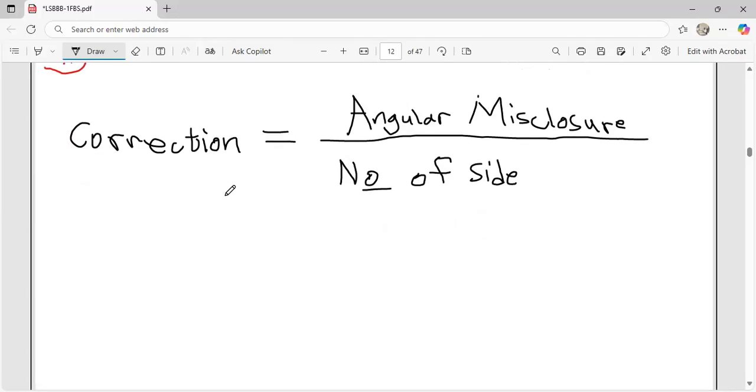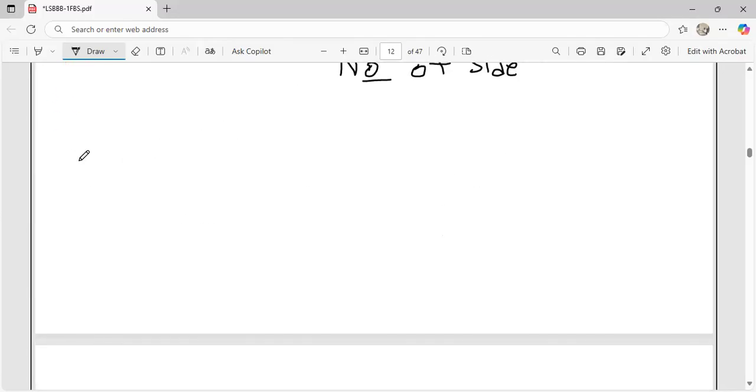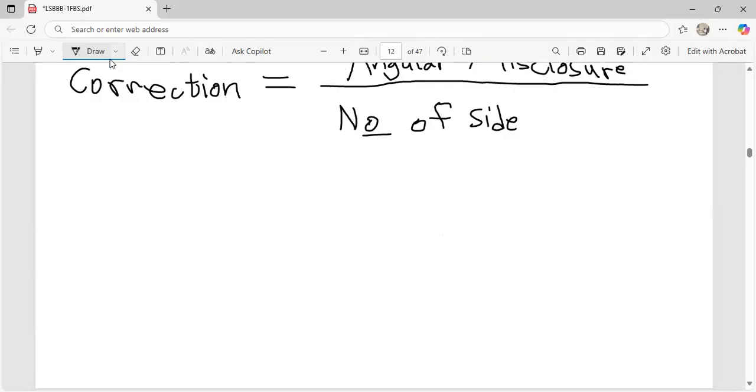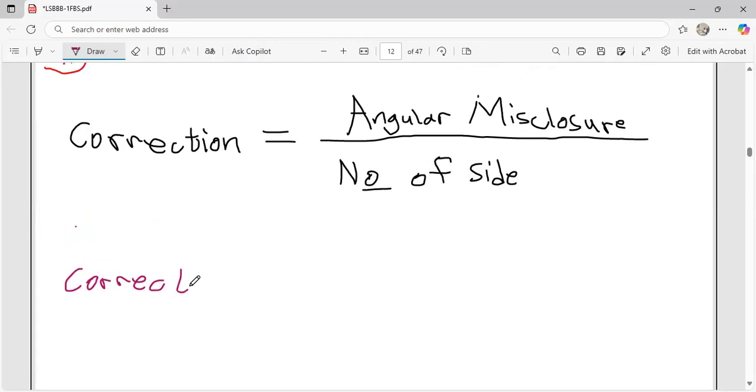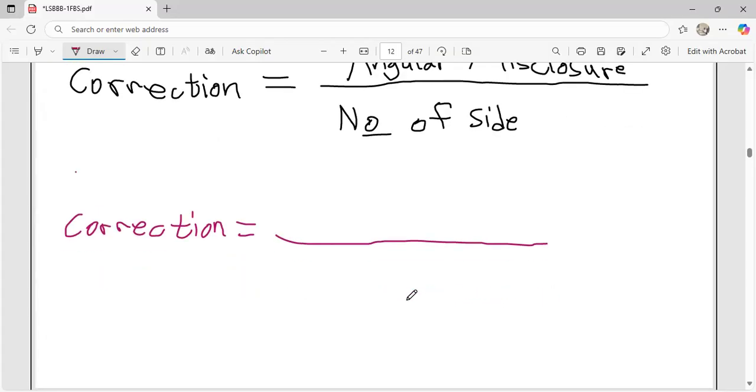So from there, what does that imply? We just have to substitute. It's just a matter of substitution. So we can now say that our correction is equal to, for the angular misclosure, what was the value we had?